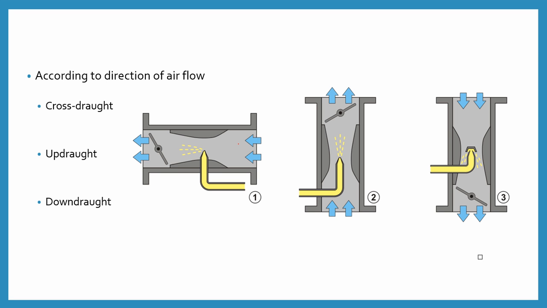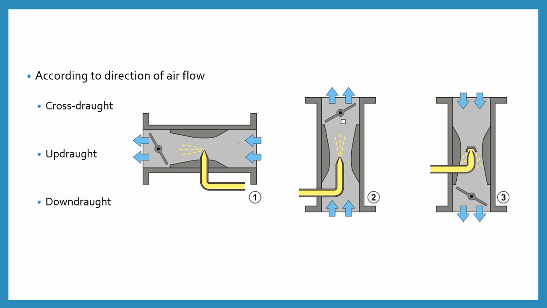Basically it is similar to the updraught, just with the direction of the airflow changed. In the updraught, air enters at the bottom and leaves on the upper side. In the downdraught, it is just the opposite, where air enters at the top side and leaves at the bottom side.